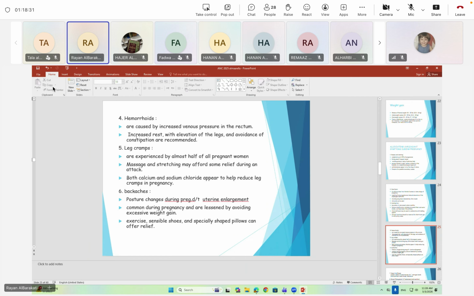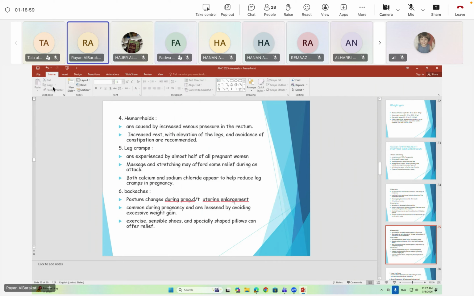Also, those patients can have leg cramps with varicose veins. Leg cramps and varicosities are experienced by almost half of all pregnant women. Massage may offer some relief during an attack. Both calcium and sodium chloride appear to help reduce leg cramps in pregnancy.